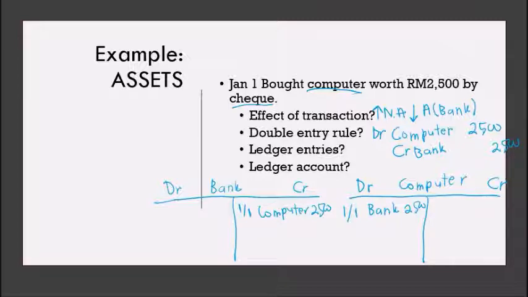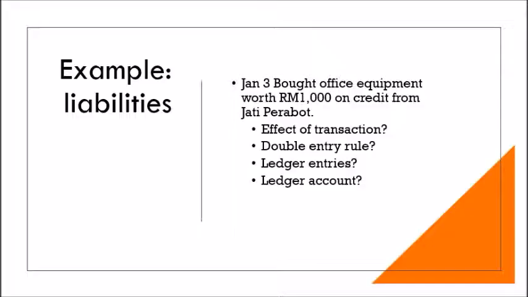Okay, next. So this is an example for liability. Jan 3, bought office equipment worth 1,000 on credit from Jati Perabot.